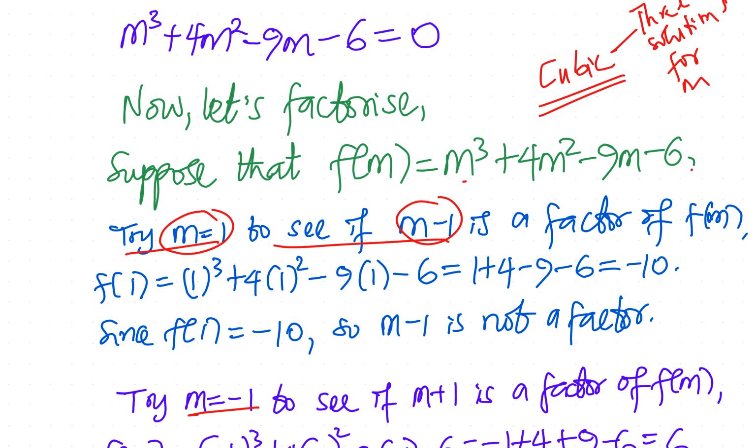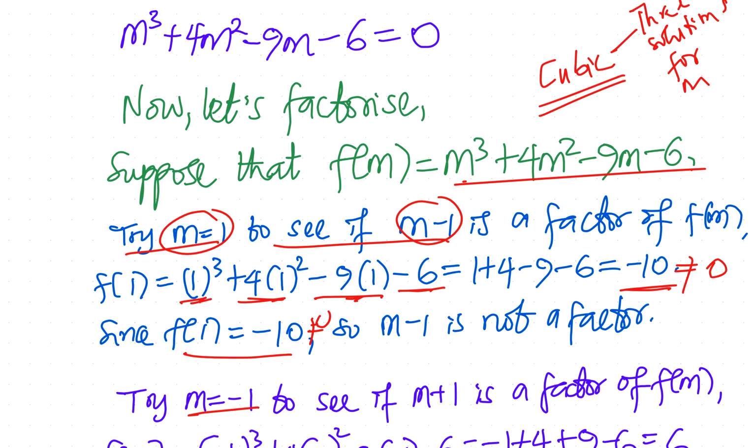That means you have 1 cubed plus 4 into 1 squared minus 9 times 1 minus 6. So this is 1, this is 4, that's 5, minus 9, that's minus 4, minus 6, that's minus 10. Interestingly, this is not equal to 0. Since f of 1 is minus 10, which is not equal to 0, m minus 1 is not a factor. So that has failed.